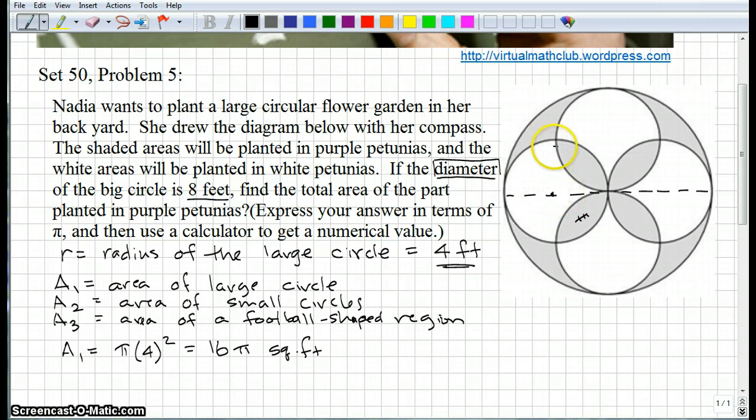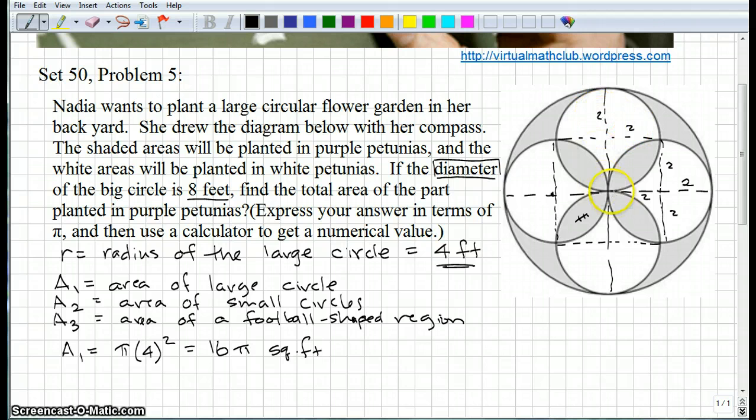If I divide these circles up like this, I'm just going to draw kind of a grid on here. Then you can see this is 2, this is 2, this is 2, this is 2. So the radius of the small circle is 2.